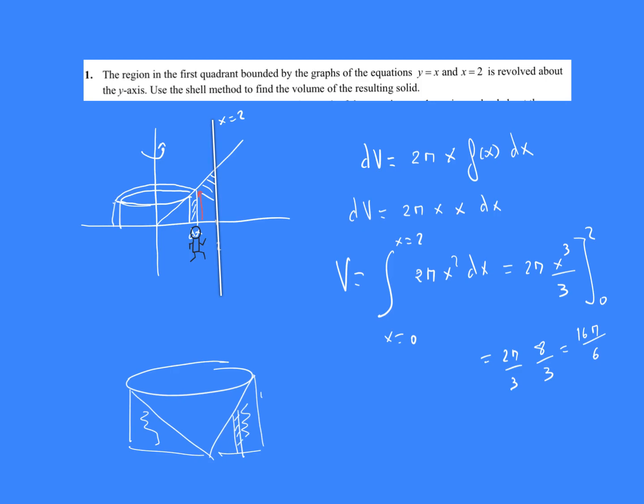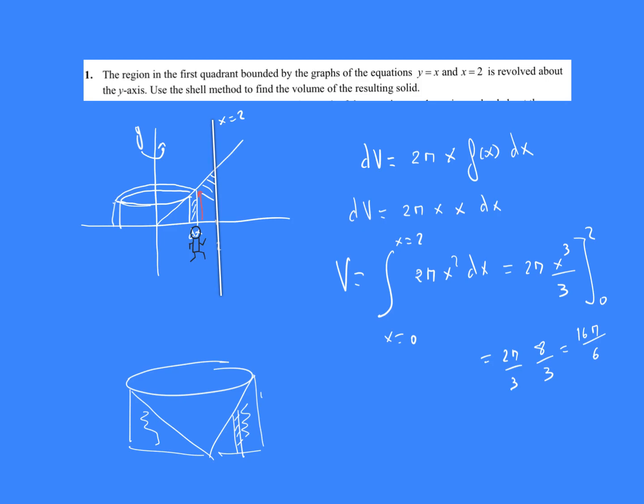So I will imagine a guy here that is pushing this door and going around, and it will produce a volume. The small volume that he will produce, of course, I will consider vertical rectangles, vertical doors, because I'm revolving through the y-axis.